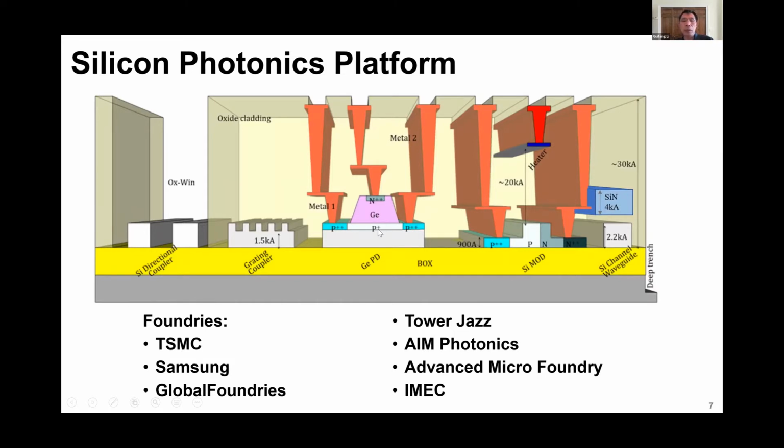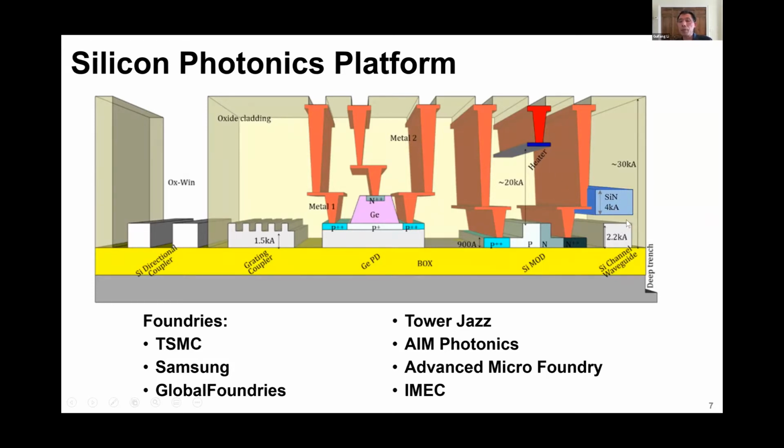This is for 1.55 micron applications where germanium absorbs, and other devices like that. Of course, there are electrodes for these active devices. There are 2 layers of metal, and you see there's a heater here also, and I'm going to explain why there's a heater in the next slide.